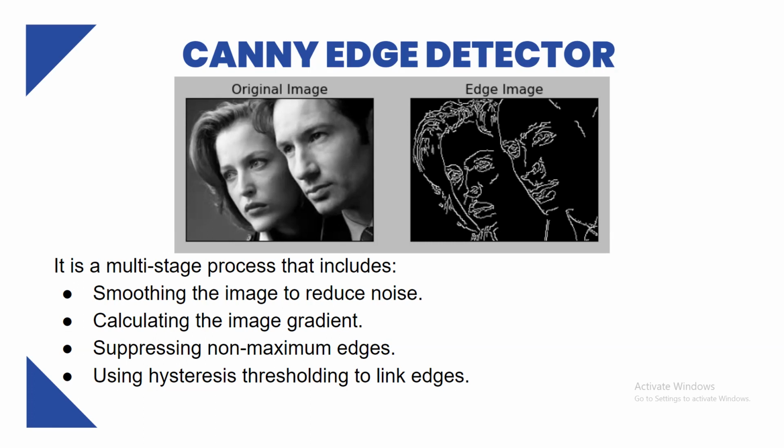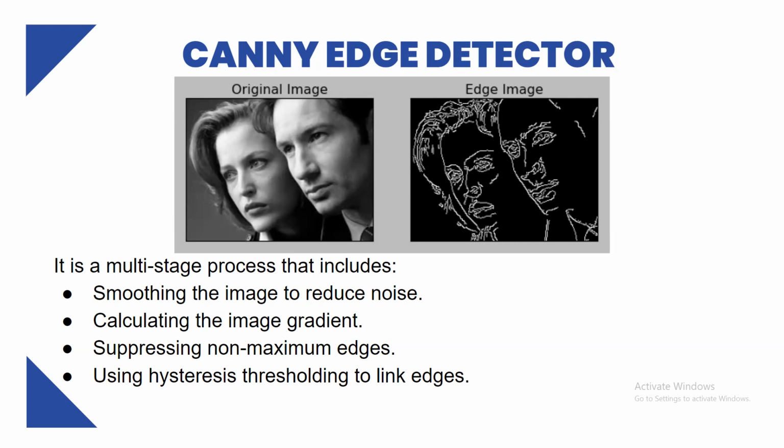Then you calculate the image gradient. Then from this image gradient you apply non-maxima suppression, which is sort of reducing the number of detected edges in an image so as to remain with the more accurate ones.